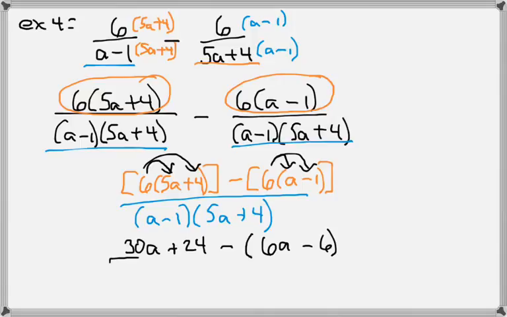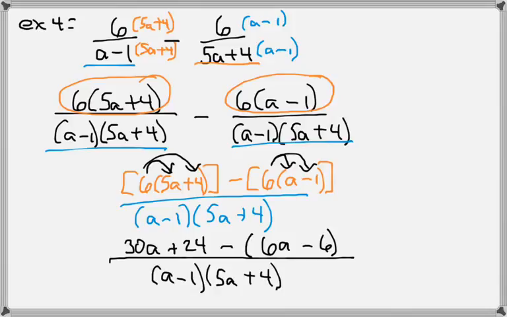That is in my numerator. My denominator stays the same, an a minus 1, and a 5a plus 4. Now I still have a negative in parentheses, so I can go ahead and distribute that negative like it was a negative 1. So that's going to change a sign here.